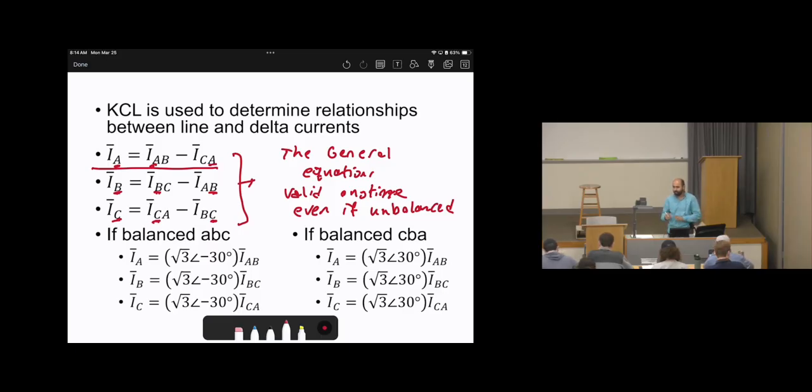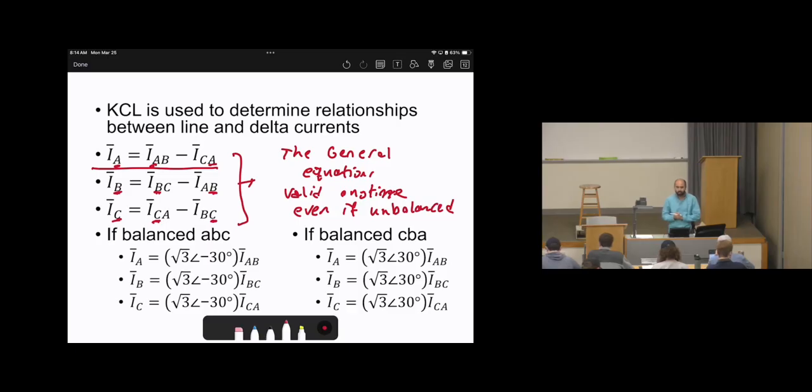I mentioned those general formulas can be valid no matter if it is balanced or unbalanced. And after that, I said that VAB can be square root of 3 angle 30 times VAN. Therefore, when we discussed this, we said it is valid if and only if the system is balanced and positive sequence.